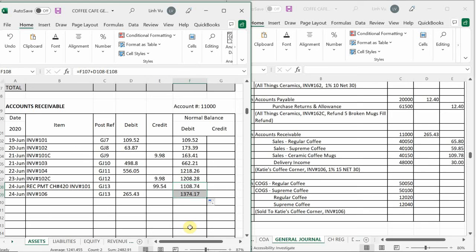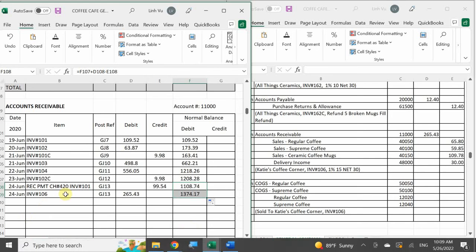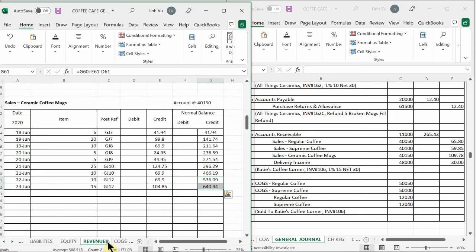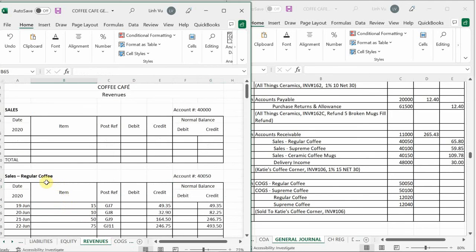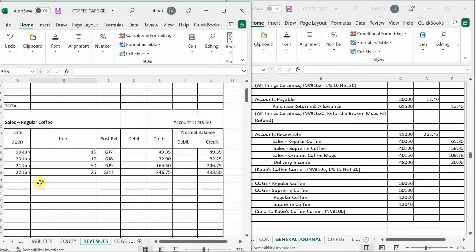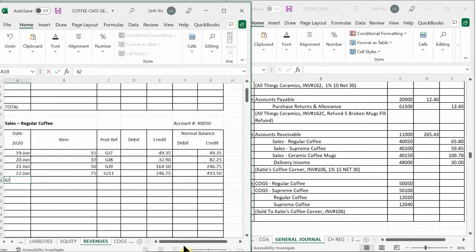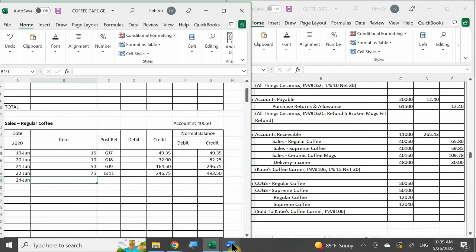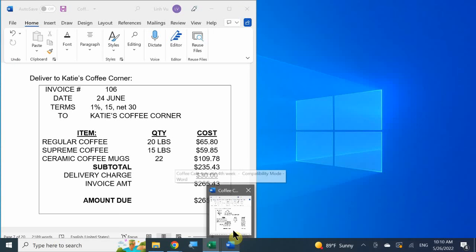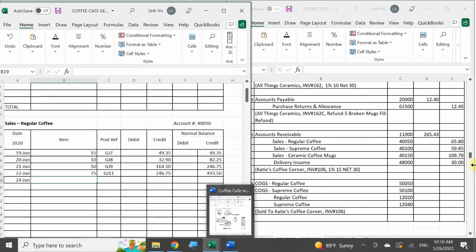Then we got to do all of our sales here. Okay, so sales for regular coffee. How many pounds did I sell to Katie? 20.